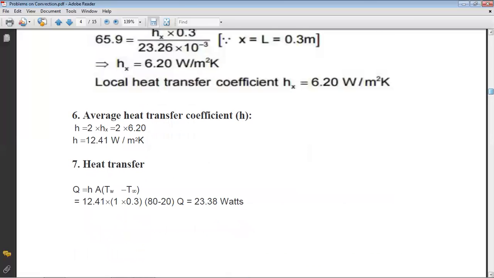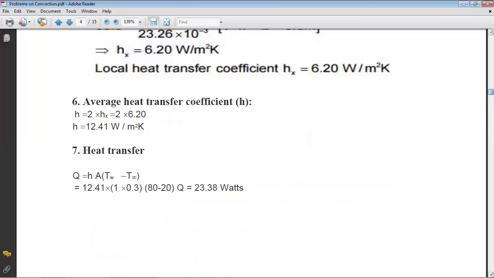The last bit of the question is we need to calculate the heat transfer, which is given by Newton's law of cooling, that is hA delta T. In this case, you should use the average heat transfer coefficient. And area, as we have seen, is nothing but a rectangle with a width of 1 meter, and we have considered the length to be 0.3.